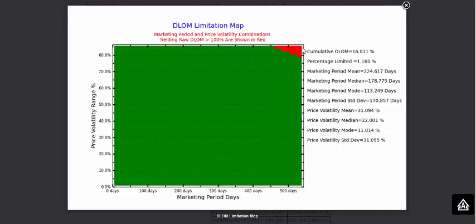But there's an area in the upper right that's red. That area indicates the combinations of price volatility and marketing period probability that resulted in raw DLOM greater than 100%. The VFC DLOM calculator automatically limits such combinations to a 100% maximum DLOM.